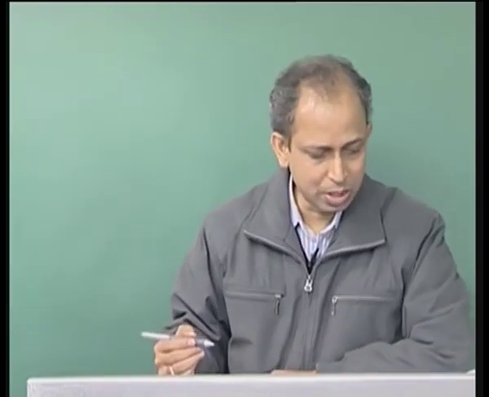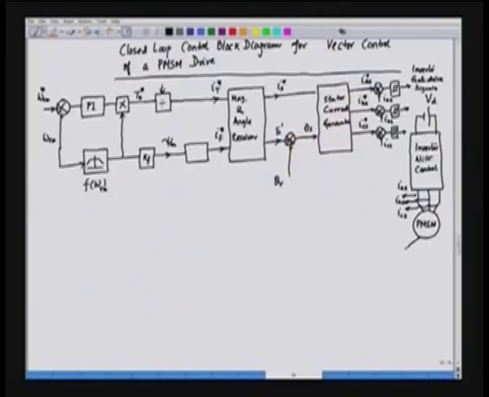So, we have the position sensor here, it's the encoder, the rotor position encoder, and what we obtain out of this is the mechanical position, that is theta Rm, that is multiplied by the pole pairs to give us the actual rotor position in electrical angle.